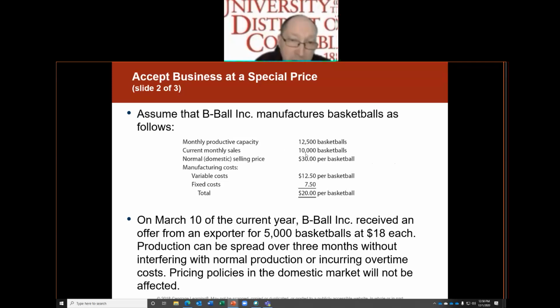Current monthly sales is 10,000 basketballs. Normal domestic selling price is $30. It costs me $20 to make a basketball. $12.50 per basketball variable cost plus $7.50 fixed cost.